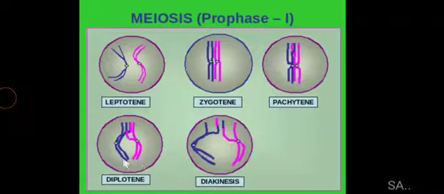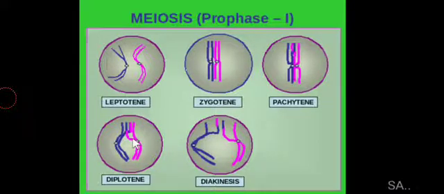In the diplotene stage, these bivalents are attached at the chiasma. They are not completely separated. But at the end of prophase 1, at the stage of diakinesis, these homologous chromosomes, after crossing over, separate from each other, and this process is termed terminalization.